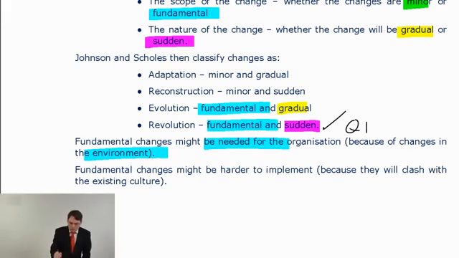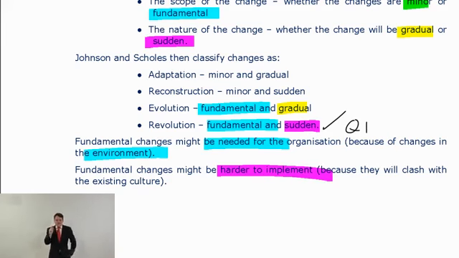But although these changes are needed, because they are sudden, people won't like them, and it might be difficult to get them to accept. It might be difficult to get the workers to accept that change is needed, because you're going to have to change things very quickly and they just won't like it.